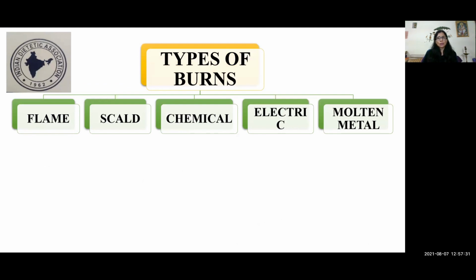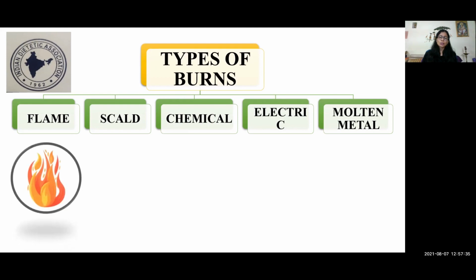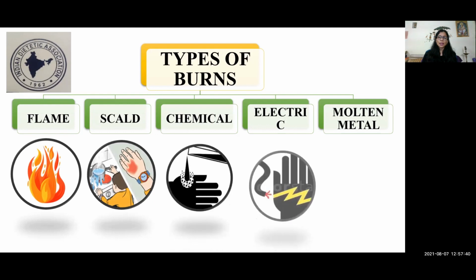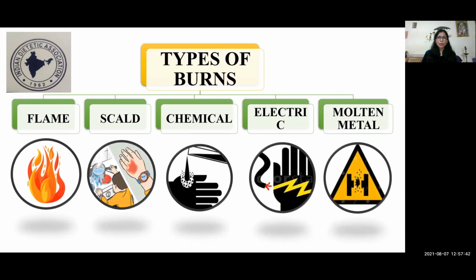Now let's have a look at the types of burns. There are different types of burns depending upon the causative agent: flame burn, scald burn, chemical burn, electric burn, and molten metal burn.